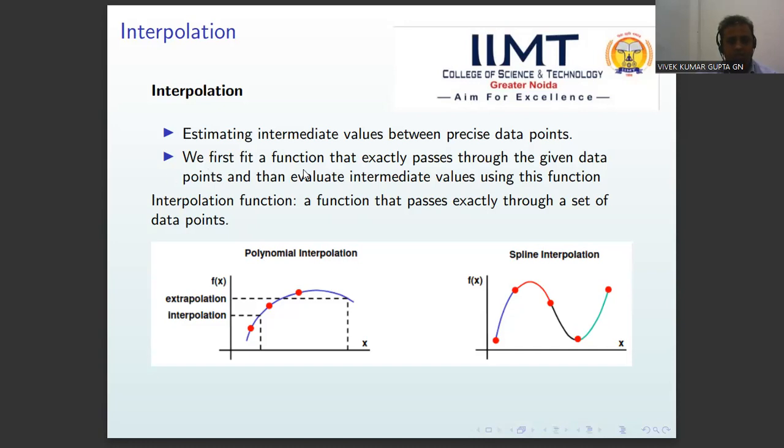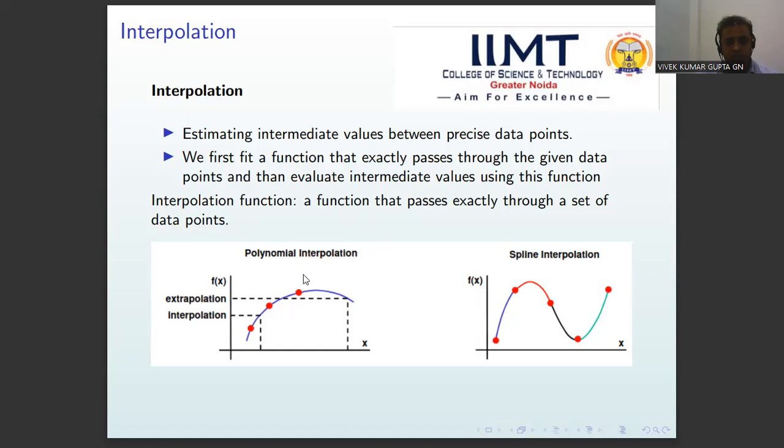We first fit a function, in the form of a polynomial or other forms, that exactly passes through the given data points, and then evaluate intermediate values using the function. The function which interpolates the values, we call the interpolation function, which is used to interpolate through a set of data points.